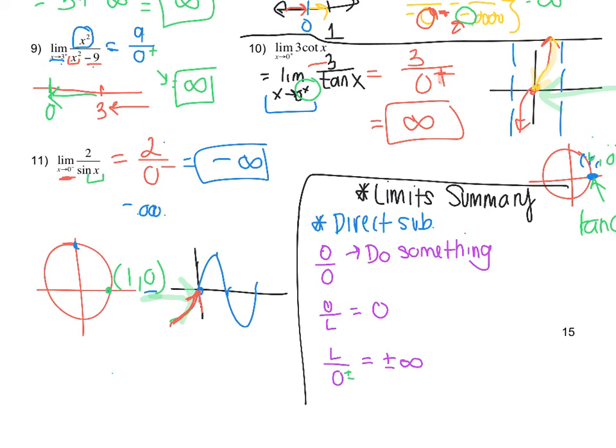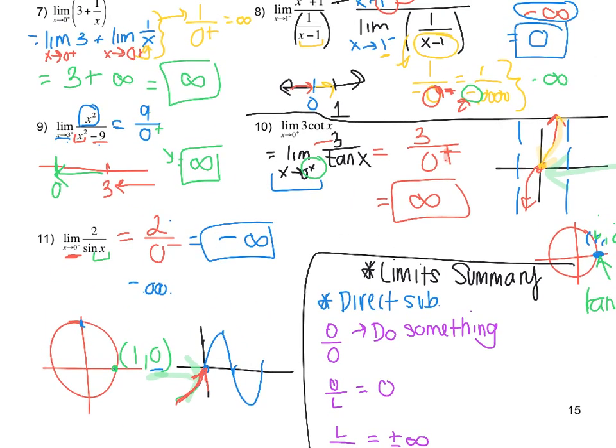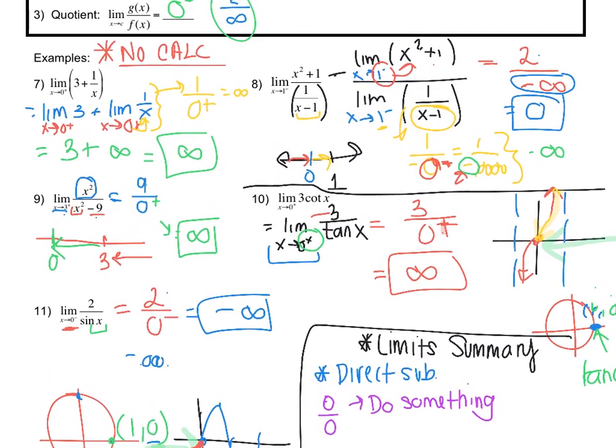We also saw, let me make some more room here, a couple situations where we might have had an actual number, L, divided by positive or negative infinity. And in those situations, again, let me see if I can find one that matches up with that. That would be similar to number 8.